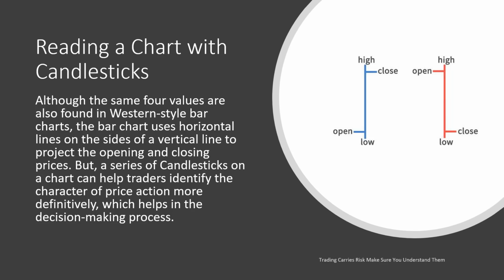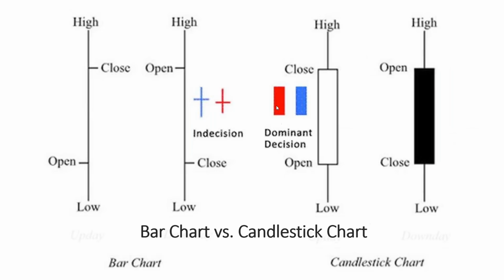But a series of candlesticks on a chart can help traders, and remember what I just said, a series of candlesticks on a chart can help traders identify the character of price action more definitively, which helps us in our decision-making capacity. So if you see on this chart, we have the exact same information, just displayed in slightly different manners.